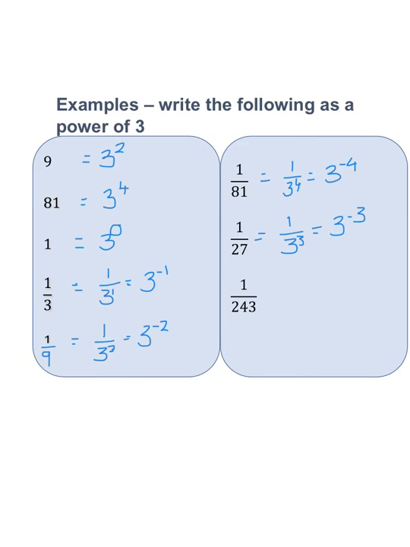And 243 would be 3 to the power 5, and bringing the power 3 up into the numerator makes it negative.